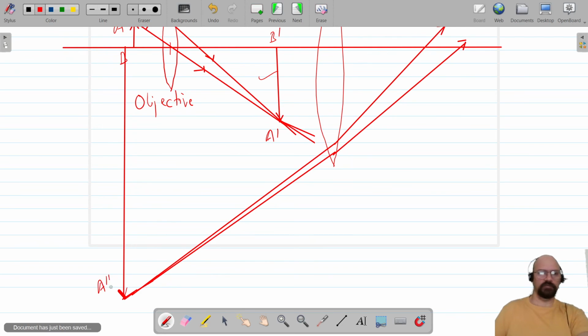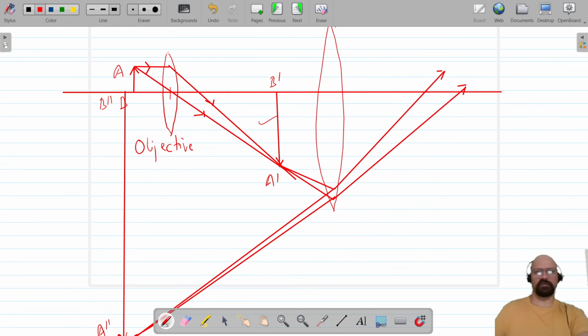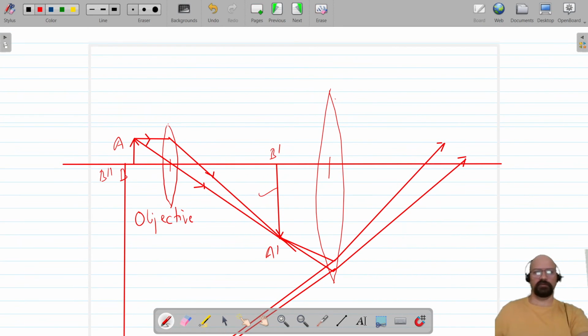And the image is A dash, A double dash, B dash. This is the eyepiece, of a larger aperture than the objective.